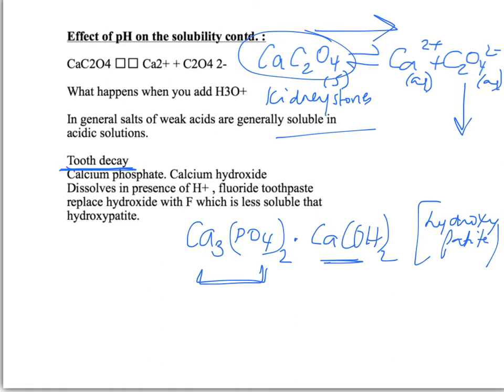Hydroxyapatite. Now, when you eat too acidic foods, if you drink, say, 5 or 10 Pepsis a day, or if you don't brush your teeth, or if you eat too much sugar, because sugar over a period of time after oxidation is going to generate acid, the H+ is going to react with the OH- and eat away the calcium hydroxide, neutralizing it.